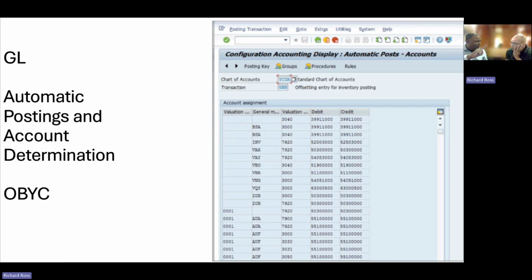It gives you two methods, at the company code level or at the plant level. That's why they use the term valuation, because it can be either one. They didn't call it plant or company; they call it valuation, because it could be at the company level or the plant level. So what does that mean?